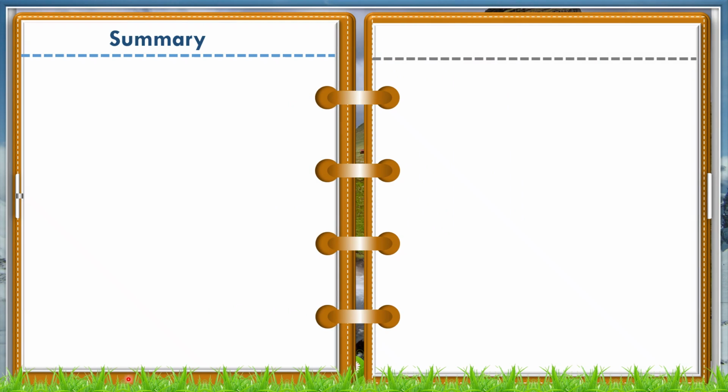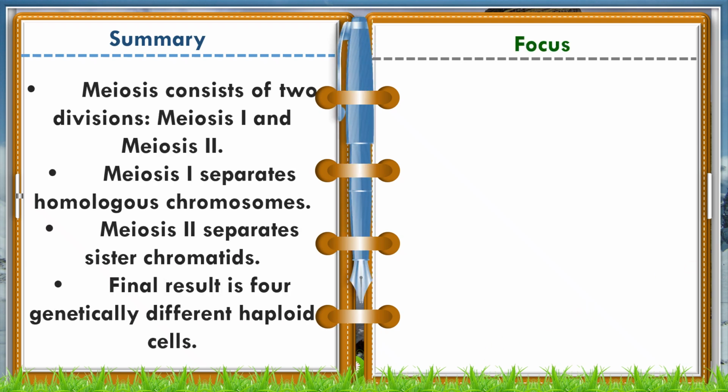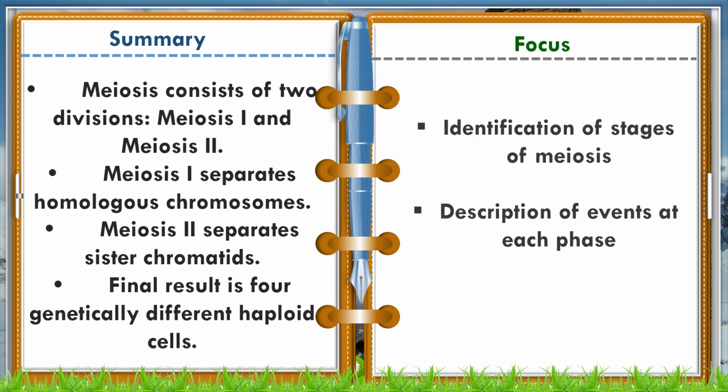Now let us look at the summary. In our summary, we can say that meiosis consists of two divisions. The first division is referred to as meiosis 1, and the other one is meiosis 2.